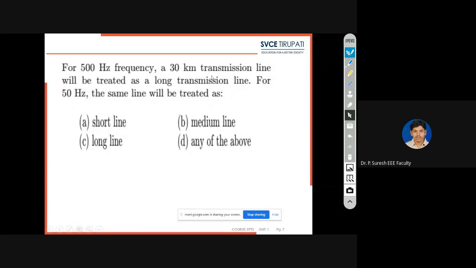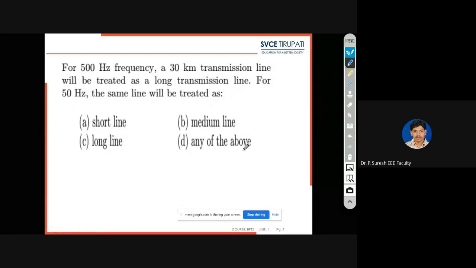So see here, we know Y equal to what is the formula? Y equal to 1 by XC, the reciprocal, that equals omega C. So if you observe, the frequency is reduced to one tenth of the actual frequency.